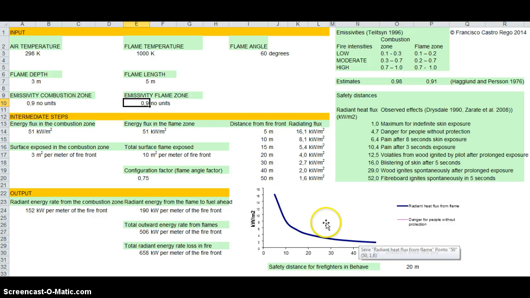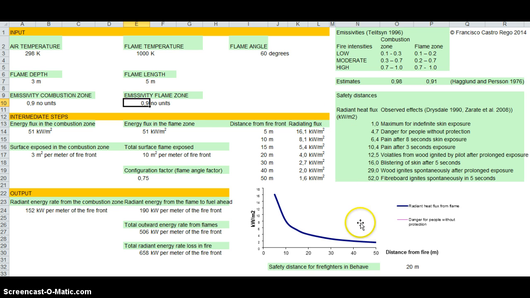The importance of these values for safety is extremely significant because above 4.7 kilowatts per square meter you have problems for people without protection. After 6.4 you have pain after 8 seconds of skin exposure, and you have different consequences and impacts of this radiant heat flux.